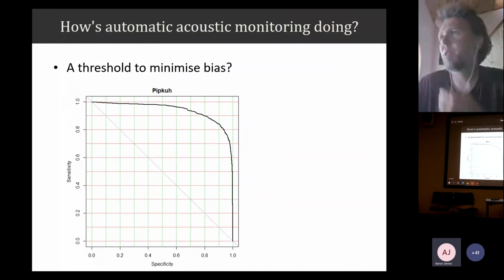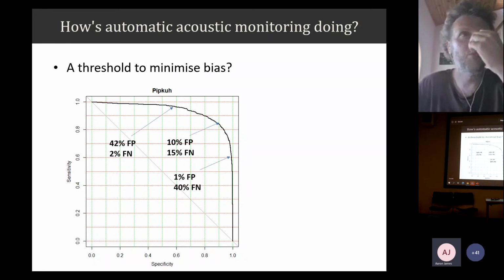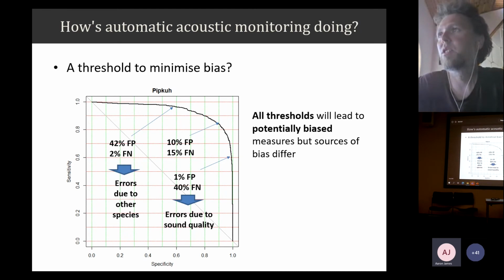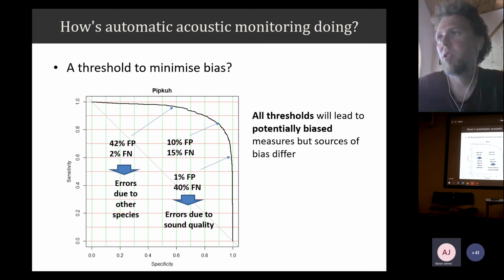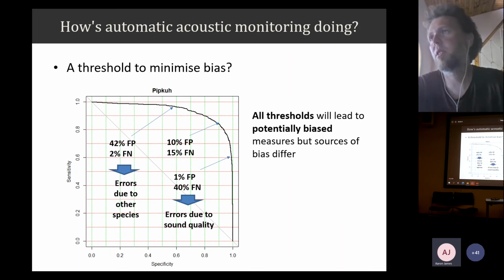Last point, we also tried to propose a method for controlling this bias. Obviously, when you have a species with a lot of false positives, this false positive rate is biased by the abundance of the other species. So quite often the false positive rate is more costly for ecological inference, and you would be tempted to push the threshold so that false positives tend to be low.